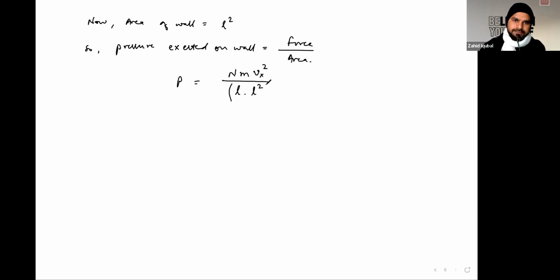So this term becomes L cube, which is nothing but volume. Number of particles, each of mass m, so it will become total mass by total volume times Vx square. This quantity is also called density, mass per unit volume.